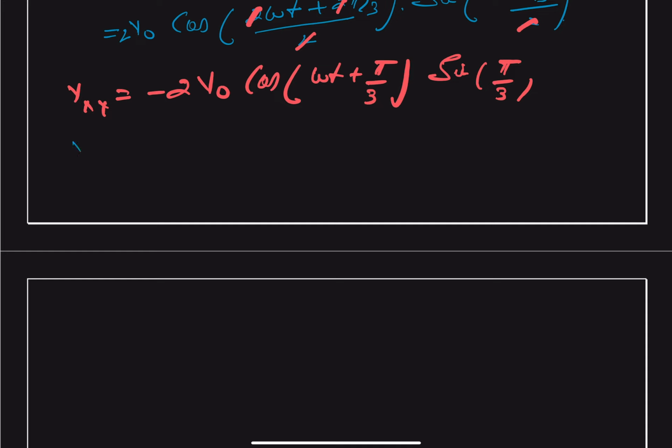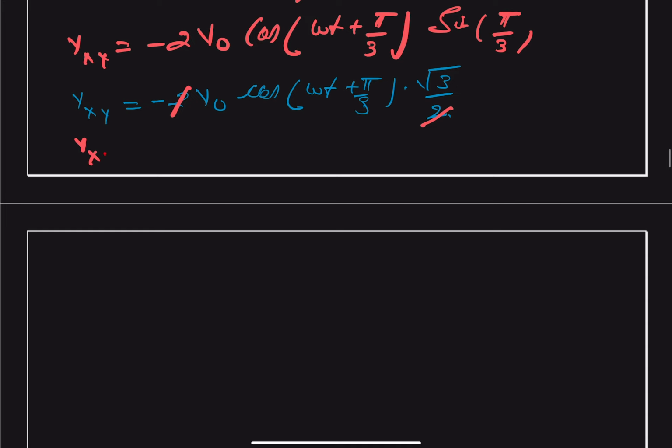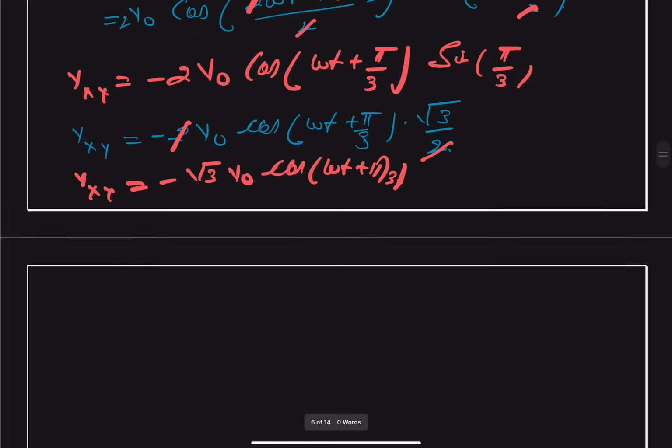So we substitute the value, and we get Vxy is equal to minus 2 V0 cos(omega t plus pi by 3) multiplied by square root of 3 divided by 2. This 2 goes with 2, and we are left with Vxy is equal to minus square root 3 V0 cos(omega t plus pi by 3).